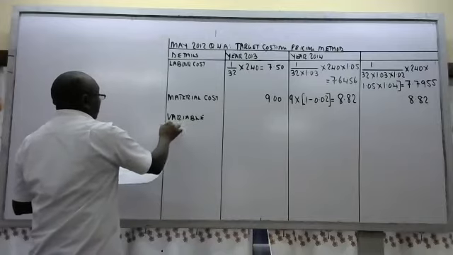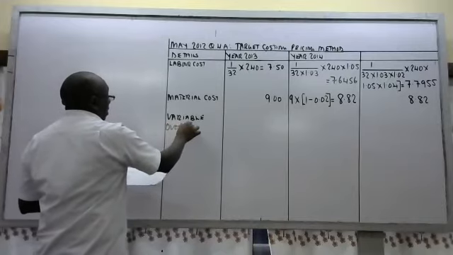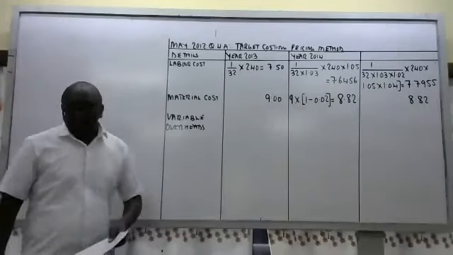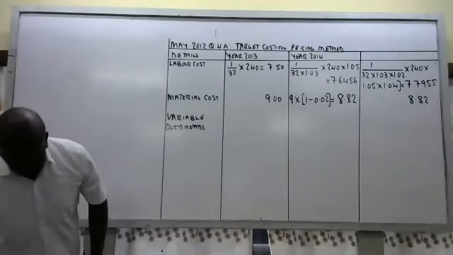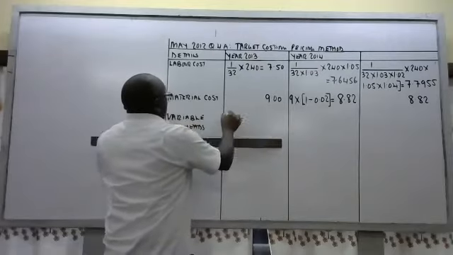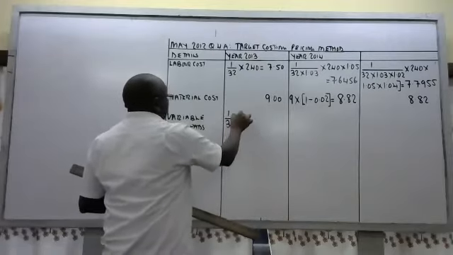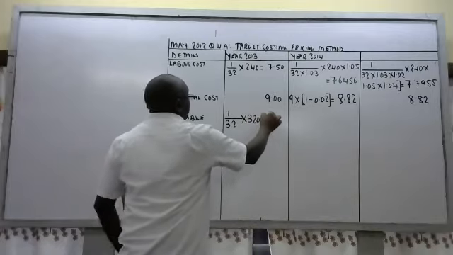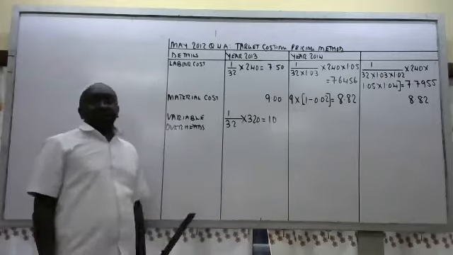Because they are based on per hour, it will also be a case of 1 out of that 2 times 320. So I think this is clear, it is 10.